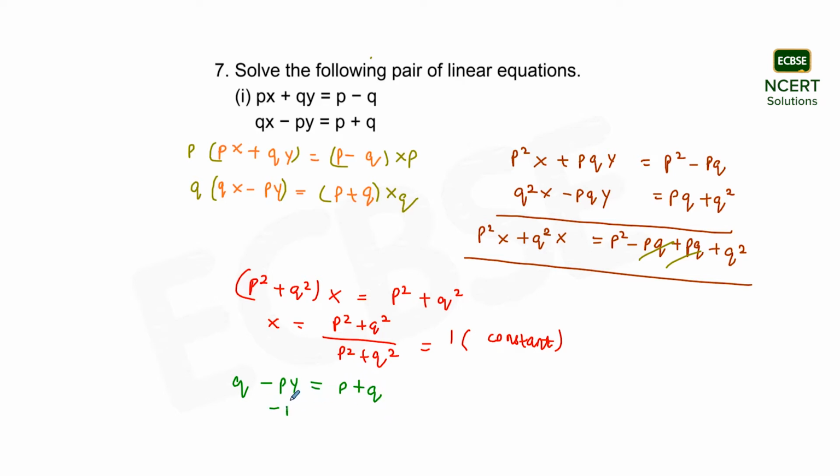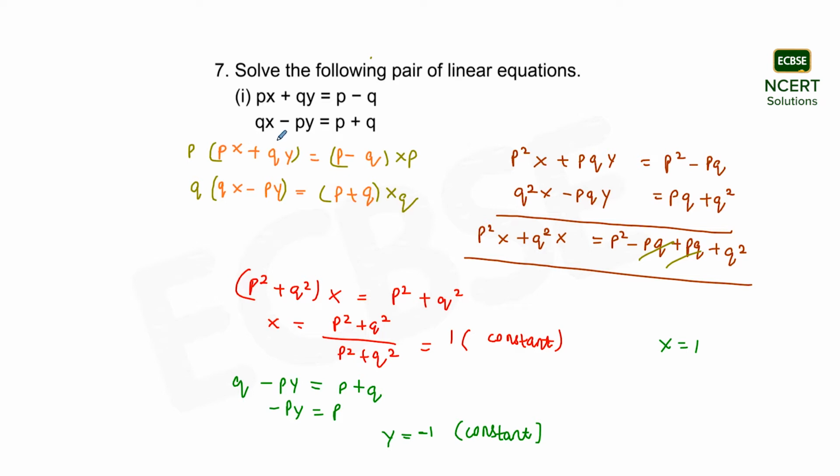And from here, minus py is equal to p, or I can write it as y is equal to p by minus p, which comes out to be minus 1, which is again a constant. So we have obtained the value of the variable x, which is equal to 1, and also of the variable y, which is equal to minus 1. This means we have solved this pair of linear equations by using the elimination method.